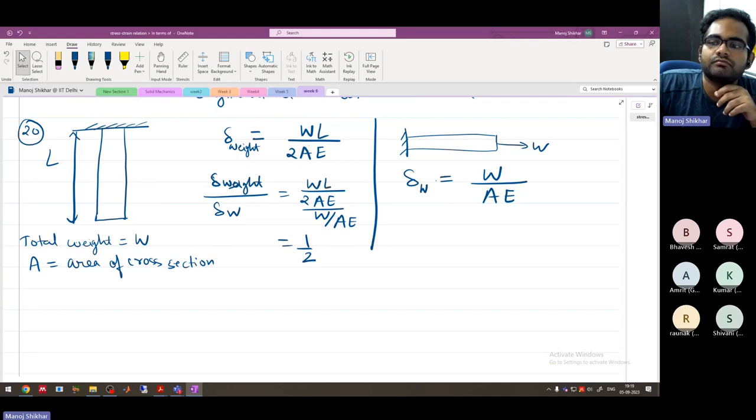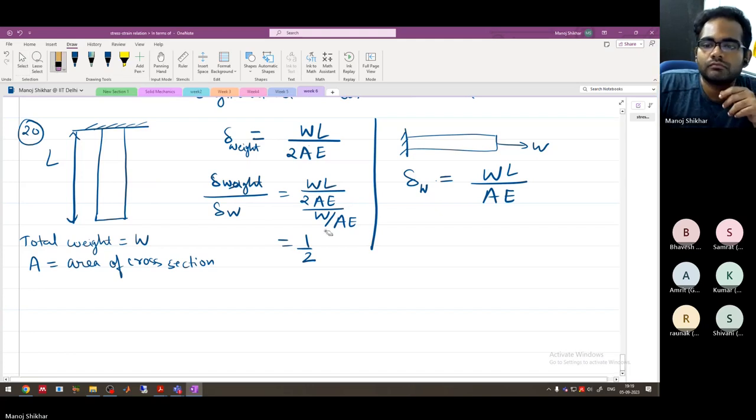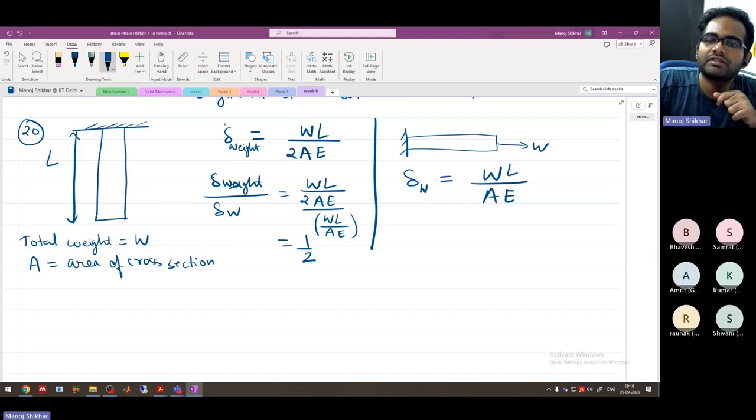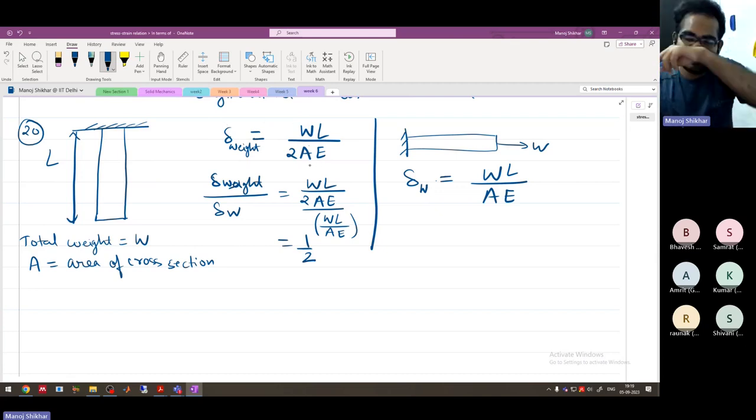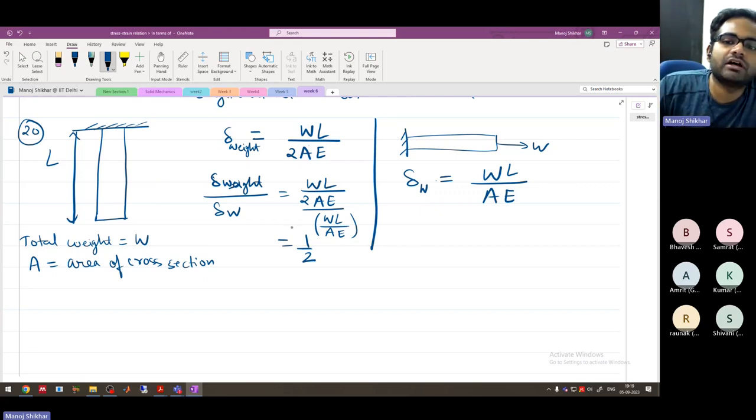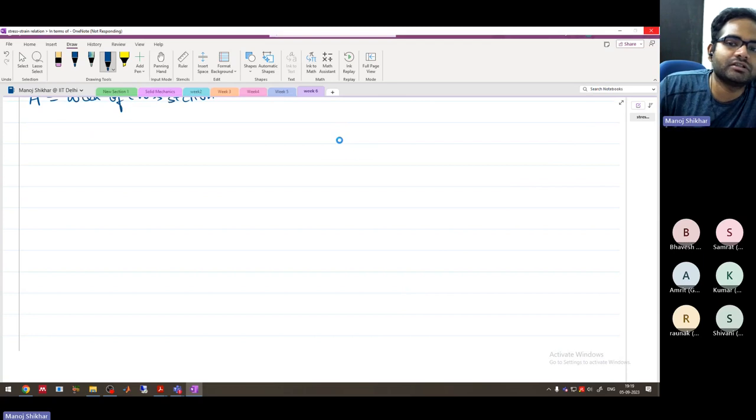Sorry, the dimension was not matching. This should be in meter or millimeter, and W and A were getting cancelled. So it should be WL by 2A. Now I will derive how delta is WL by 2A.